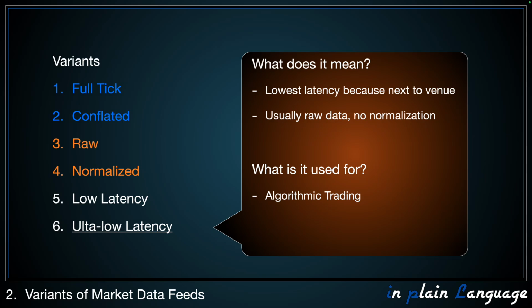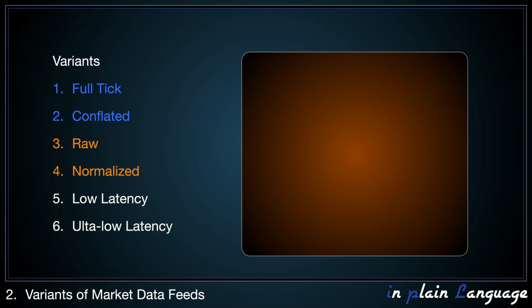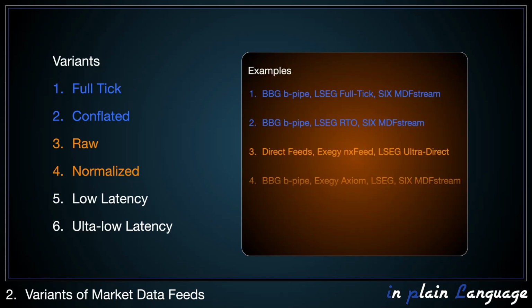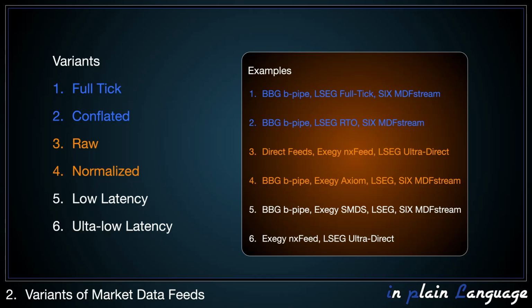Before we look at vendor feeds in some more detail, let us put some feed examples next to the variants. Full tick examples are Bloomberg bpipe, LSEG full tick, formerly known as RTMDS, and 6MDF stream. I did not add Exegy solutions here because I could not quite identify from their information whether it is full tick or conflated, though I believe their feeds are full tick.